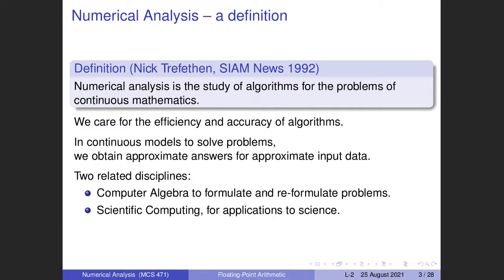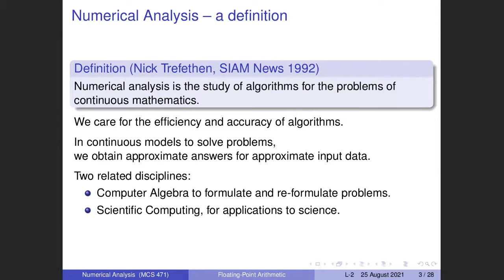You could see where the word approximate comes from, but also in continuous mathematics, everything is continuously evolving and changing. So we have approximate input and we also obtain approximate output. So numerical analysis is the focal point of the course.